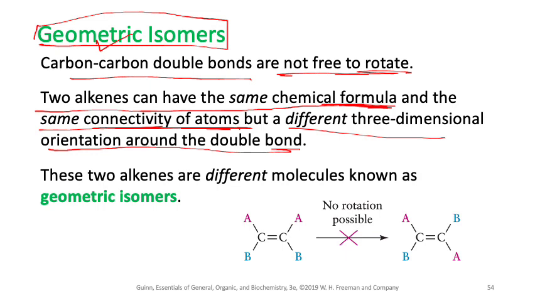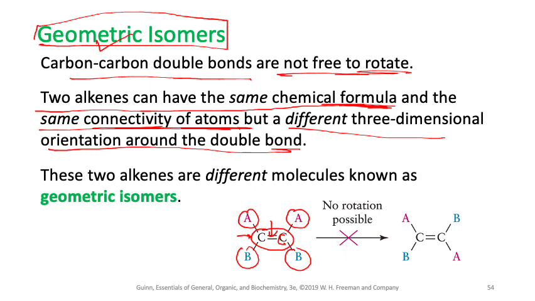What does it mean? Let's take this as an example. So let's say this is any alkene molecule that has 2 groups A and A, B and B attached, and we have a carbon-carbon double bond. So if I hold this carbon steady and want to rotate this carbon across this double bond, we cannot rotate.